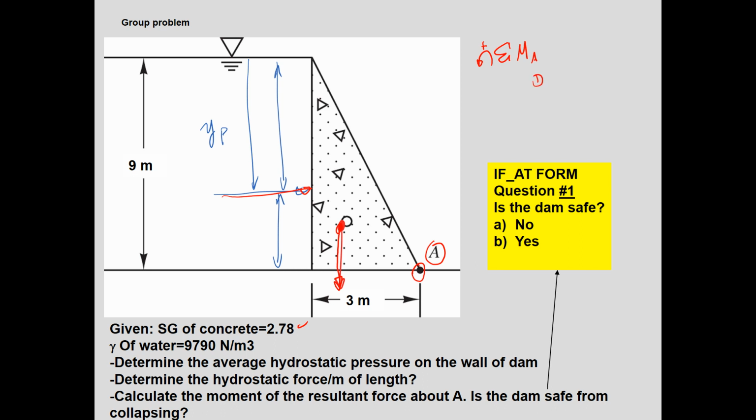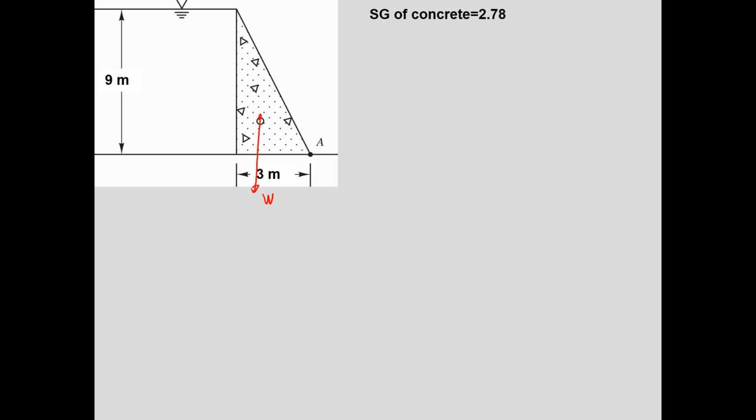Number one, if the sum of the moments about that point equals 0, without any safety factor. And the next one would be if the dam generates a larger moment than the water, so it counteracts the moment produced by the water. You will understand that better as we work the problem. So let's work the problem.